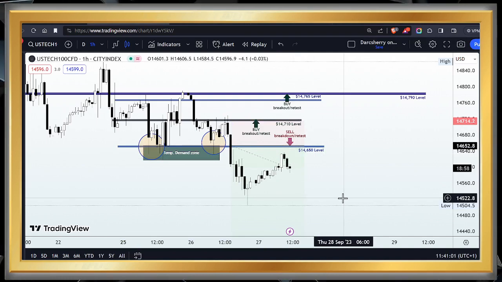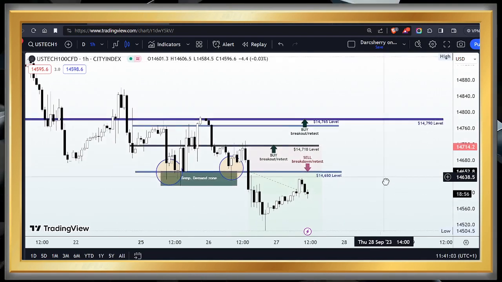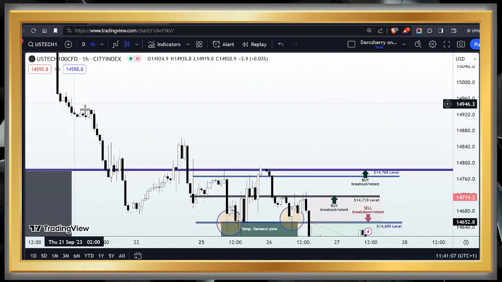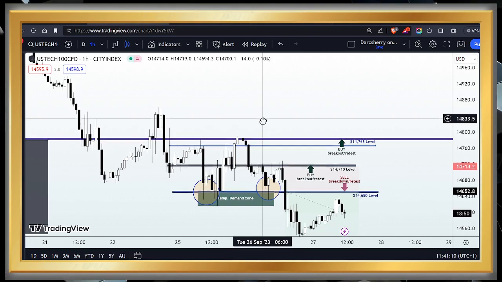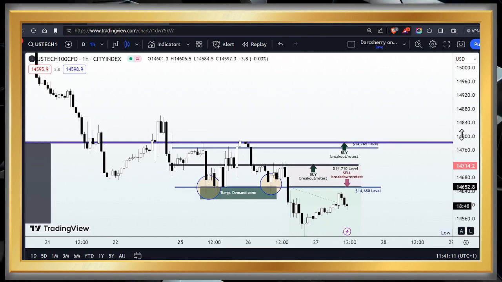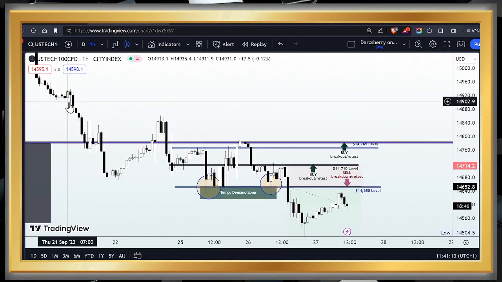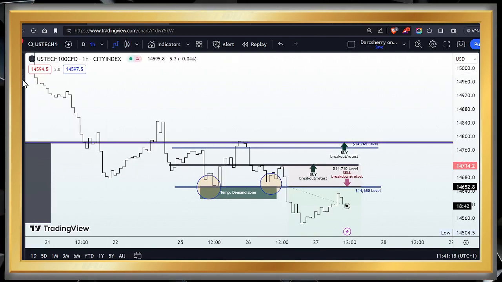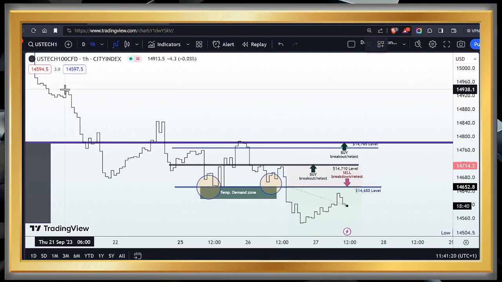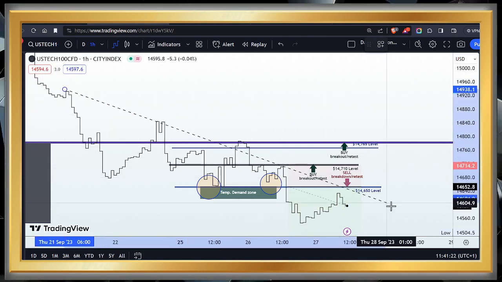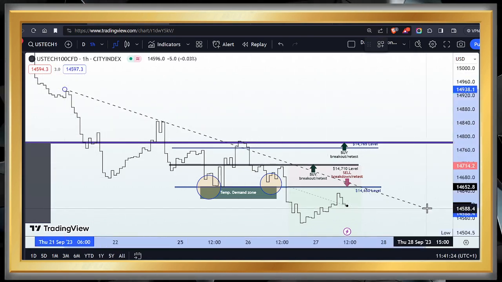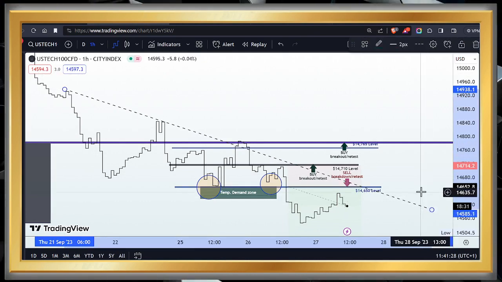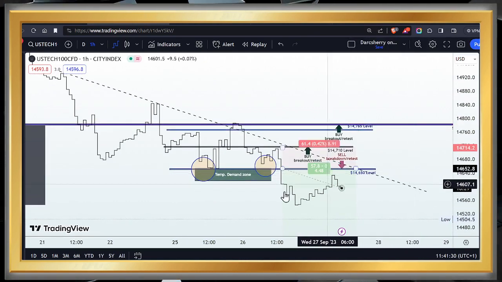Another thing I would like us to talk about is that since last week's trading session, price action has been on a strong bearish momentum, and in fact I want to go as far back as last week Thursday, as you will see here that we have lower highs, which of course we want to connect to give us a sense of the direction price is likely going, and that is to the downside.